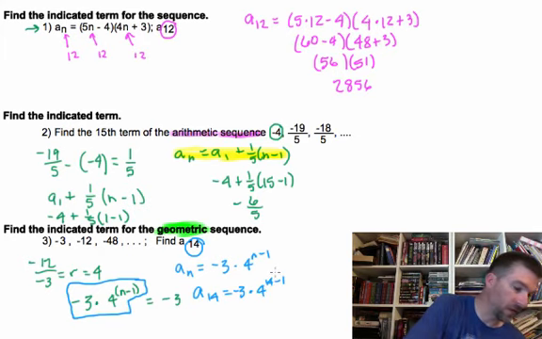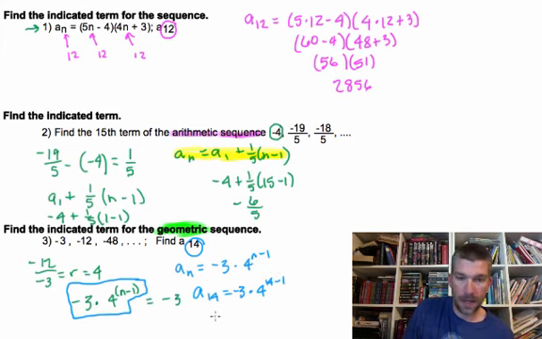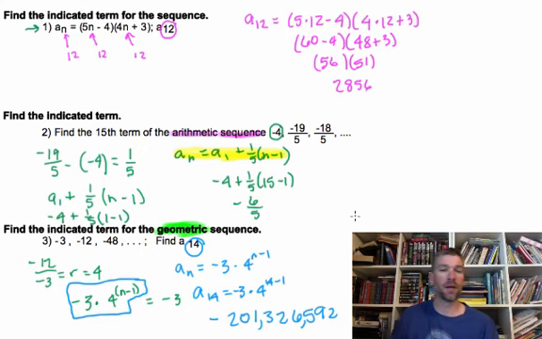This is liable to be a fairly large number. That's going to be 4 to the 13th power. And I get -201,326,592. So adding some commas, and there you go. There's your answer for question number 3.